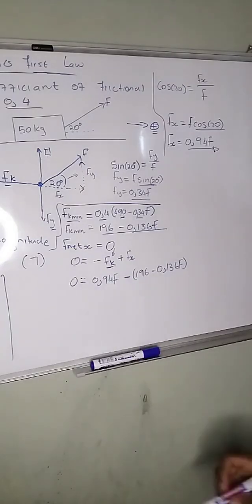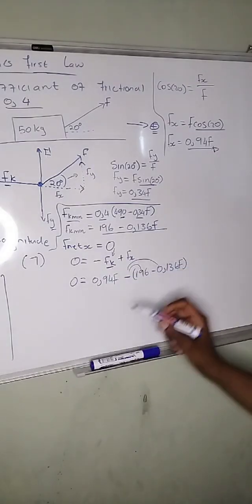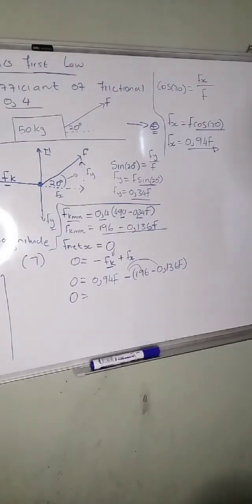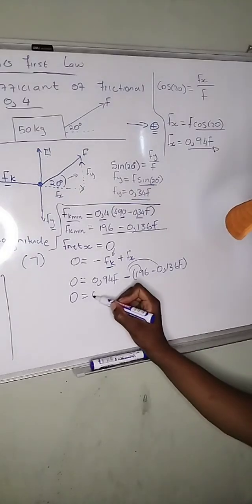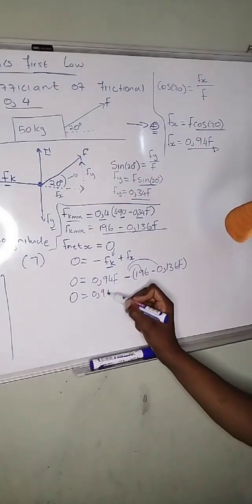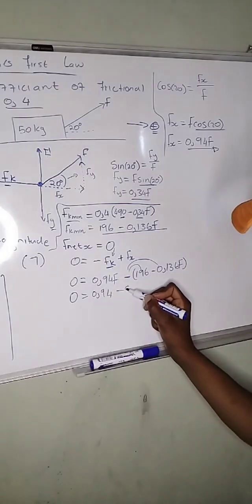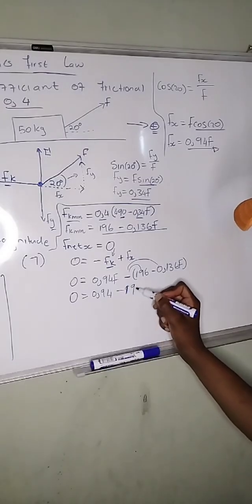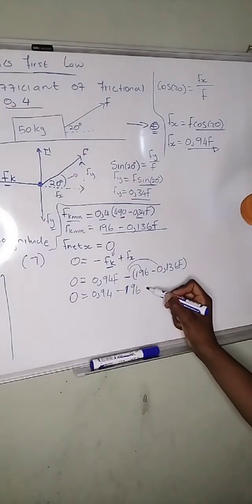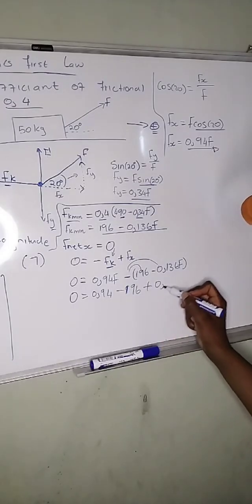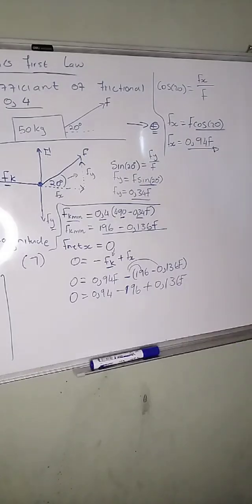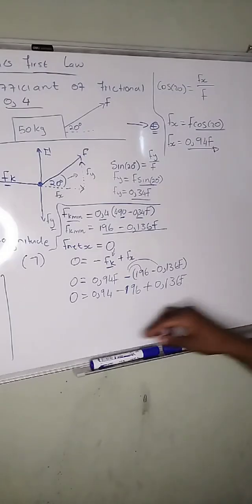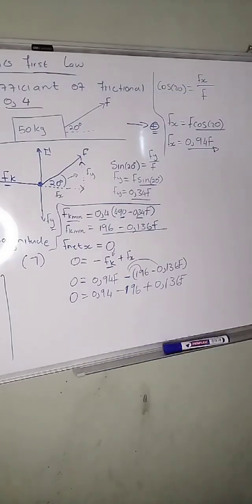It's going to be equal to 0. This is going to be distributed, and this is going to be 0. And what's going to happen? I'm going to have 0.94 F minus 196 plus 0.136 F. Then what am I going to say now?